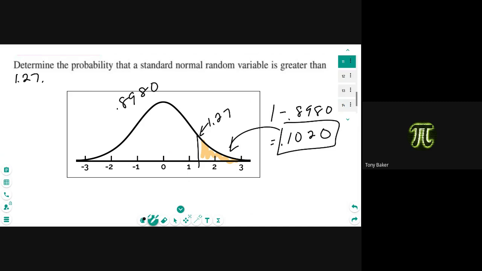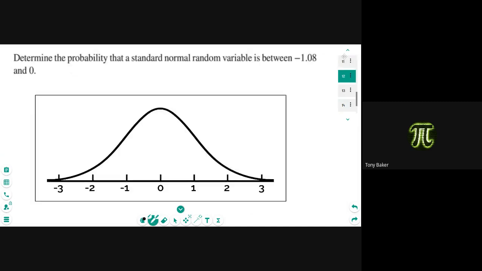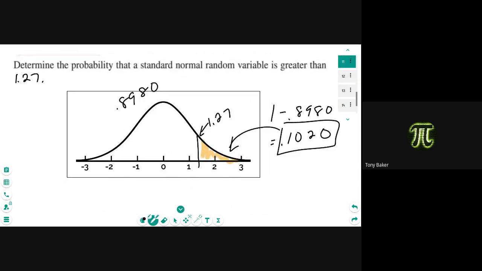So if I know one side is 0.8980, and I want the other side, I just subtract it from 1, because that's the complement. 1 minus 0.8980. So that's the complement.